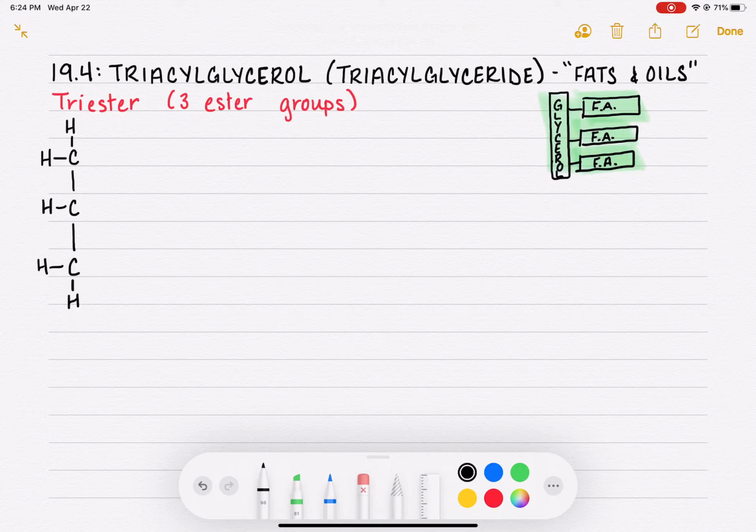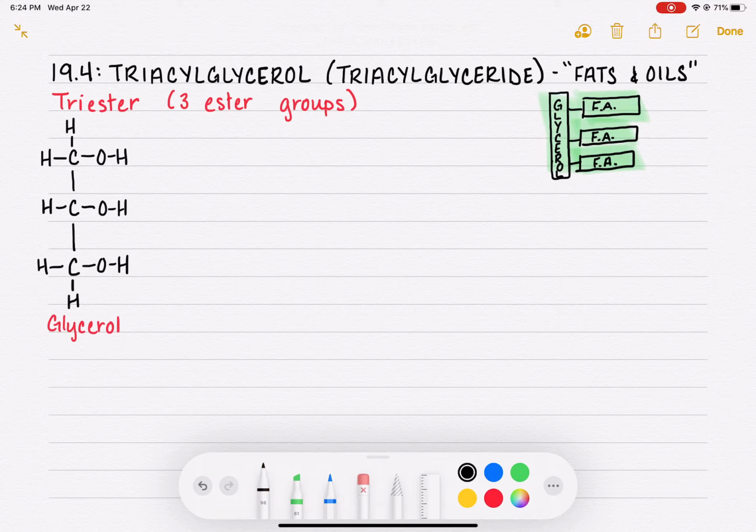And then each of the carbon atoms in glycerol has an OH attached to it. So this is an alcohol. It's a trialcohol. It has three alcohol functional groups. So here is the glycerol molecule.